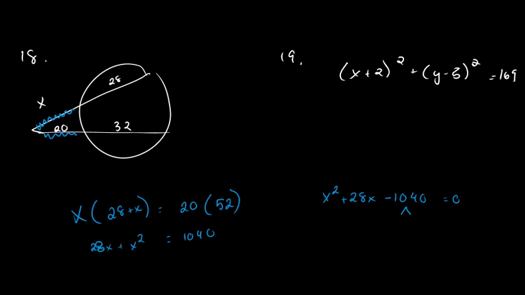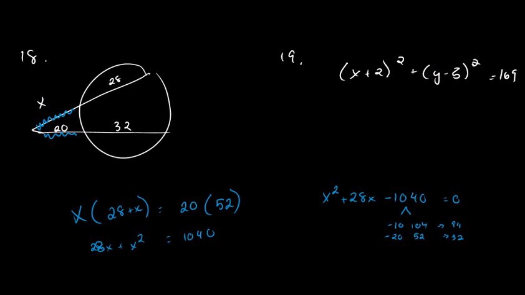So off the top of my head, if I start with negative 10 and positive 104, or negative 20 and a positive 52, this would give me 32. This would give me 94, so I'm getting a lot closer. And if I just type into my calculator 1040 divided by, alright, I need it to be a little bit higher than 20, so 21, and then 22, and then 23, I would see that it actually wouldn't work out.